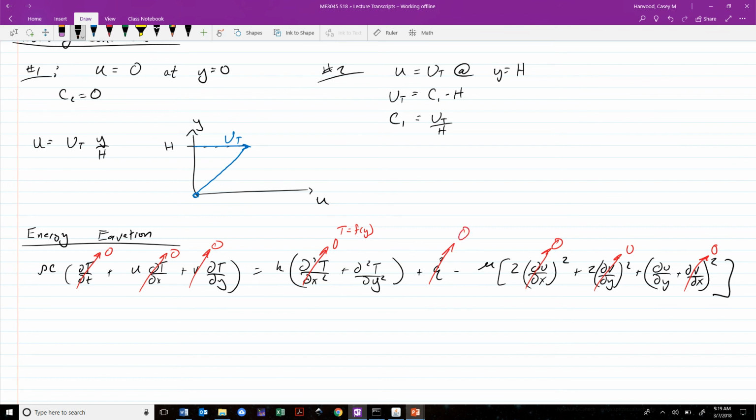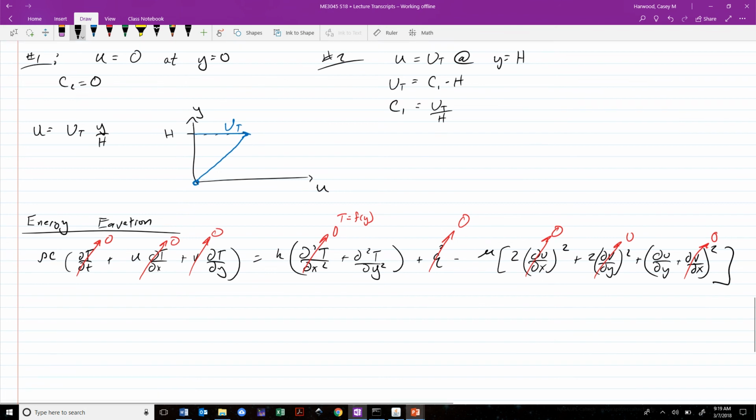So our solution at the end of the day here works out to the following: k d squared T dy squared minus mu (du/dy) squared is equal to 0.